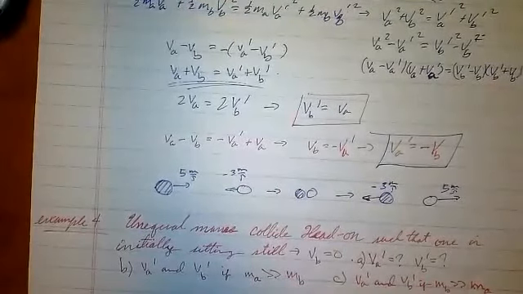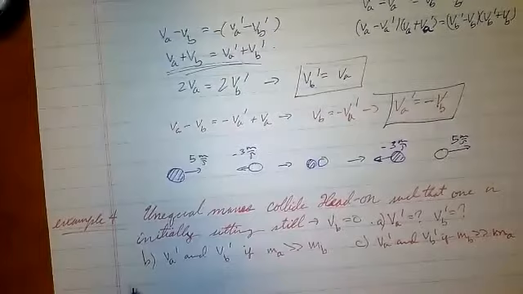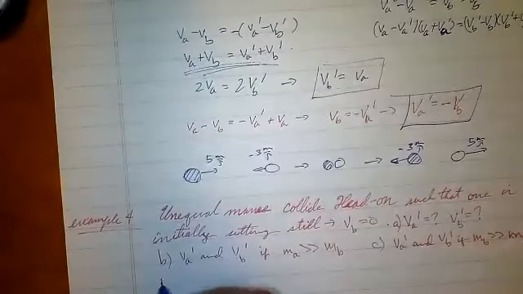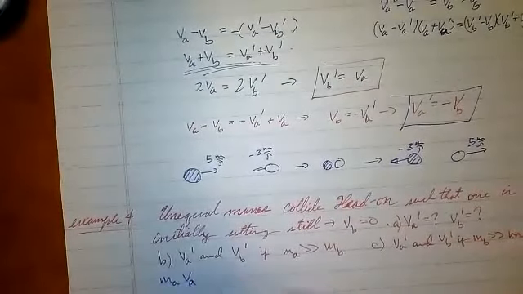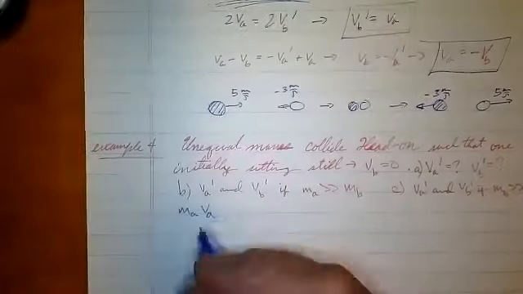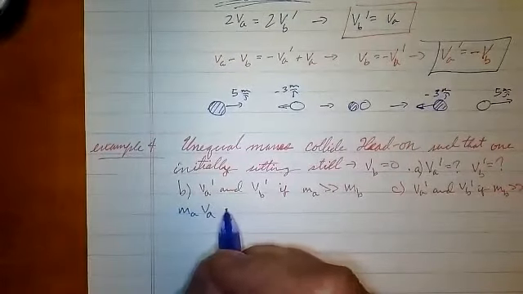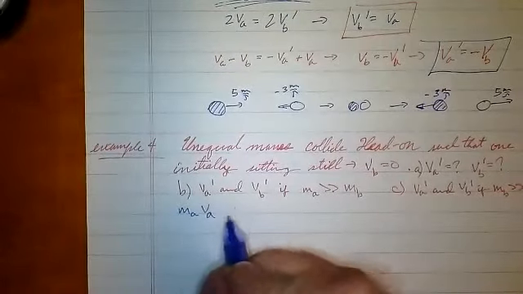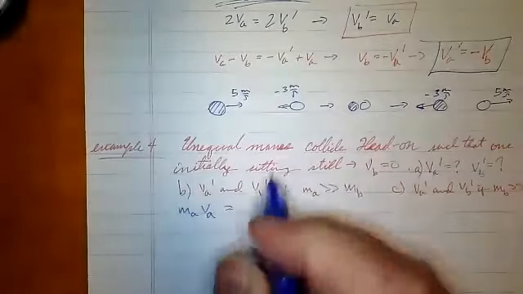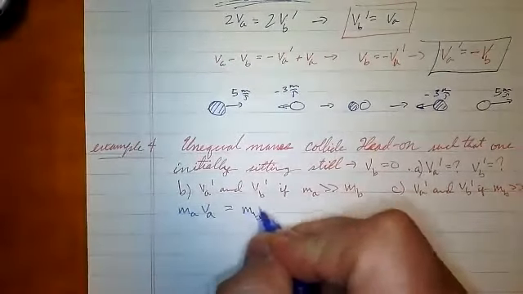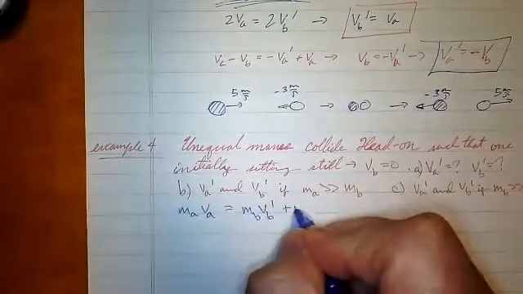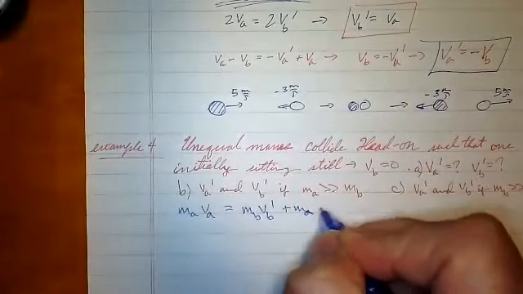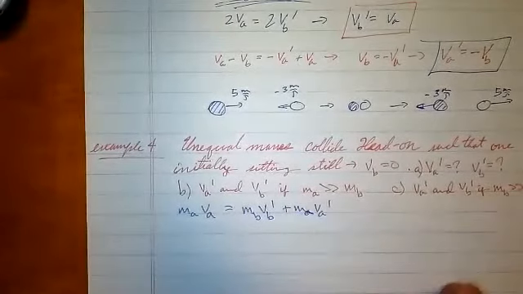Okay, so let's take the initial masses. If I write out the conservation of momentum, I have MA VA. Now remember, the mass B is not moving initially, so it has no momentum. And I'm going to say that's equal to MB VB prime plus MA VA prime.